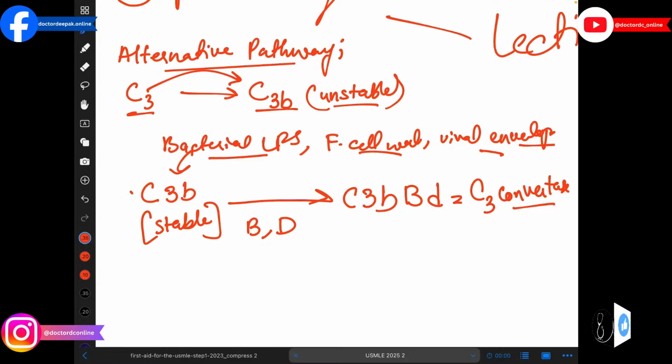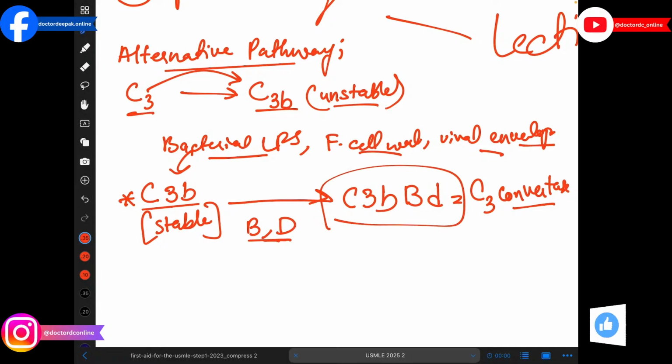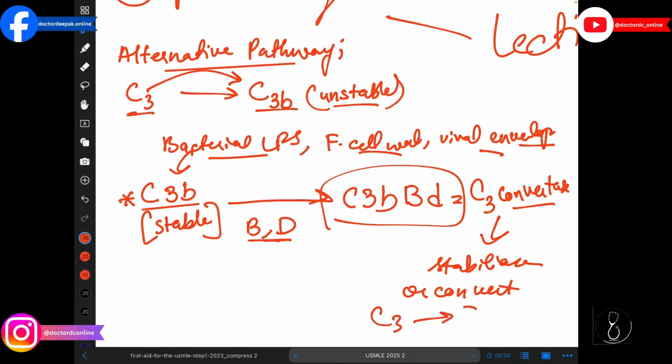What is happening? One C3b becomes stable by joining pathogen components, then it binds with protein B and D to make the complex C3bBb, which equals C3 convertase, having the function to convert more C3 into C3b. If more C3 is present in the body, it will also be converted into C3b with the help of the C3 convertase enzyme.